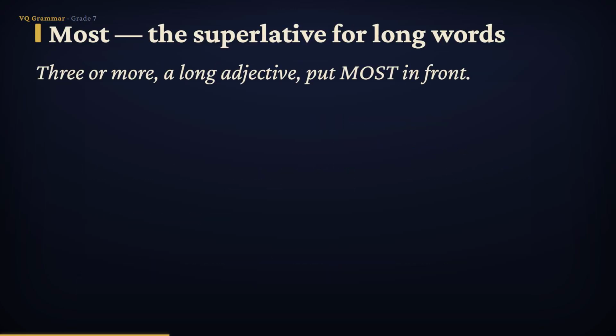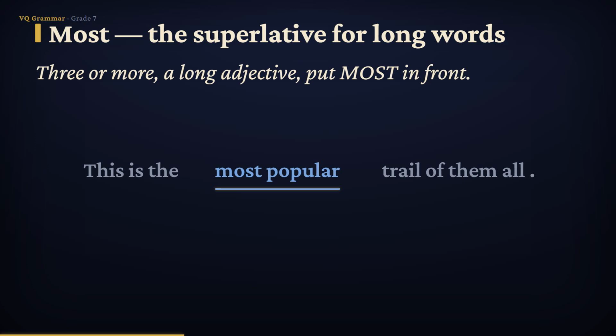Now the superlative for longer adjectives. When you pick one thing out of a whole group with a long adjective, you again leave its ending alone. This time you put the word most in front. Here, this is the most popular trail of them all. We're crowning one trail above every other, so it's the superlative, and we say most popular, never popularist.